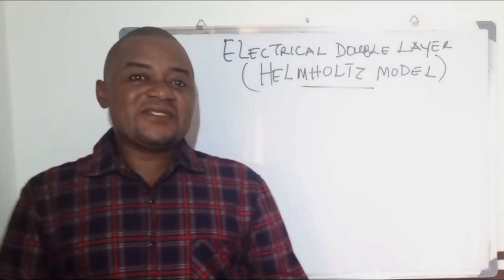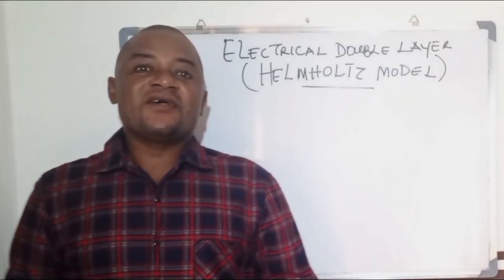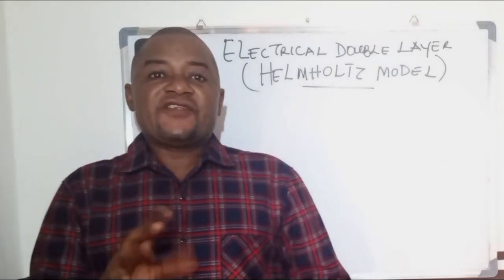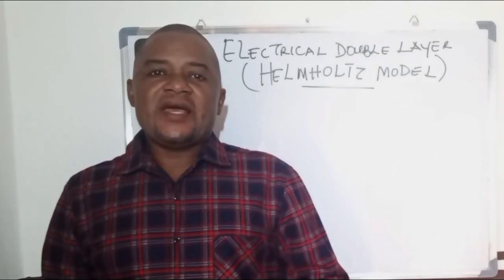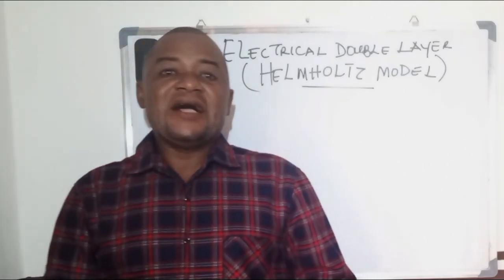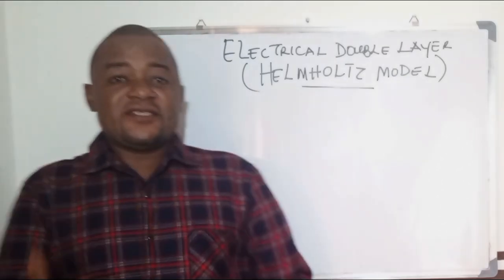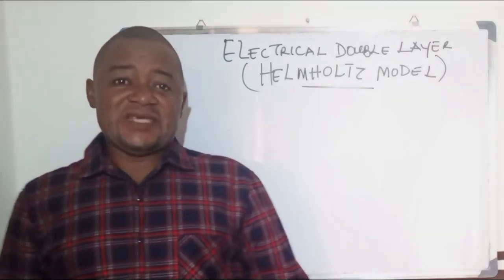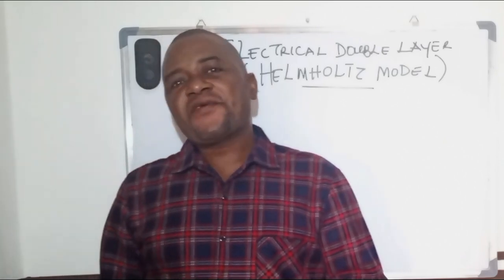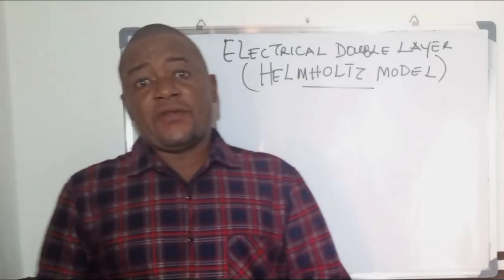You can also find it being taught in industrial chemistry or chemical engineering, where you discuss parallel plate capacitors, and also the electrolytic cell, where electrodes are used in the production of certain electricity and many other things. So in electrolysis and also in colloid and surface chemistry, the electrical double layer is discussed. It is a very important aspect of chemistry.